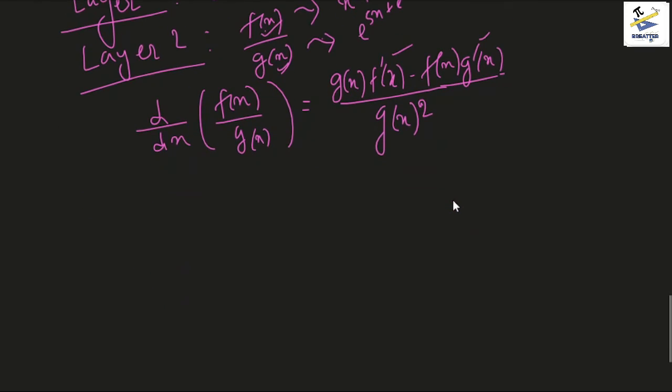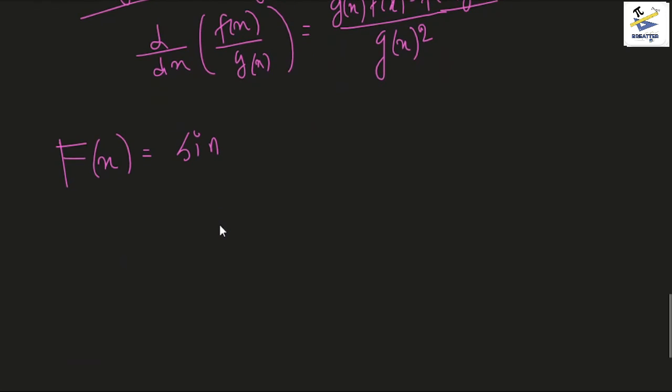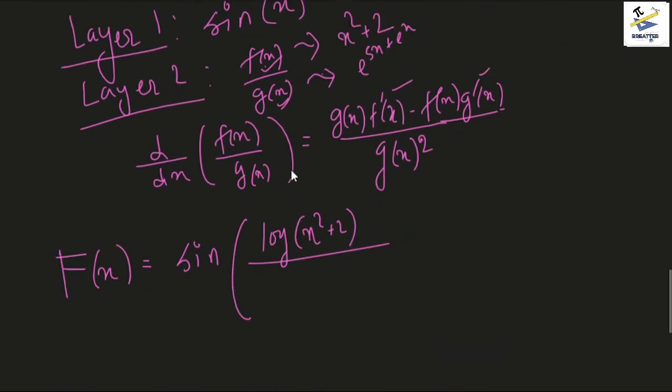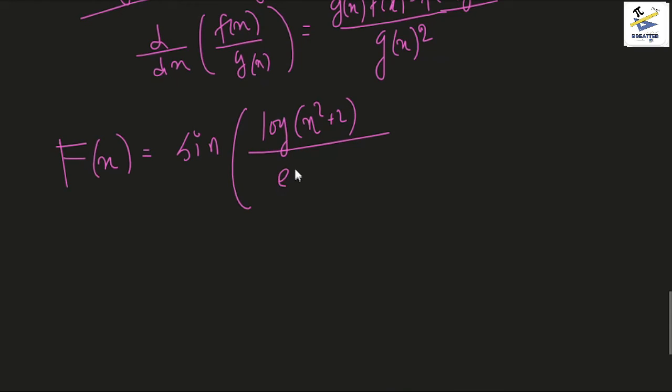So let's do this. Let us first define the function as capital F of x equals sine of log of x square plus 2 divided by e to the power 5x plus e to the power x.